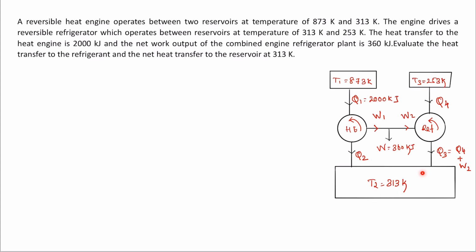We have to find the amount of heat which is given to this reservoir, which is nothing but the combination of Q2 and Q3. So we have to find the value of Q4 and the combination of Q2 plus Q3. We have to find both these values.